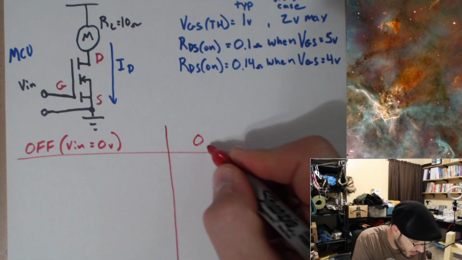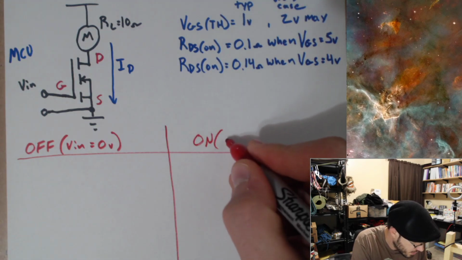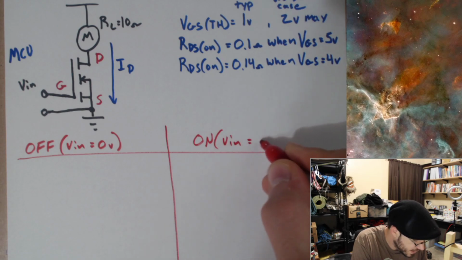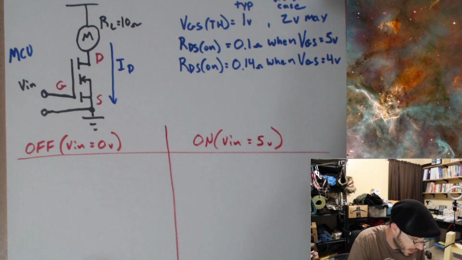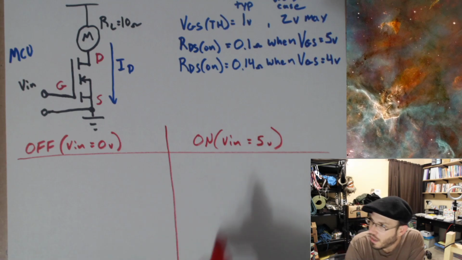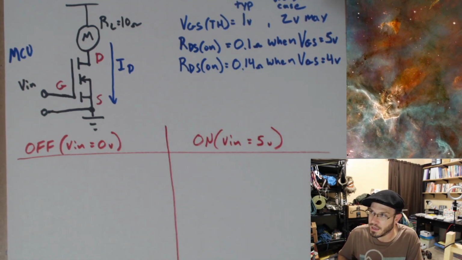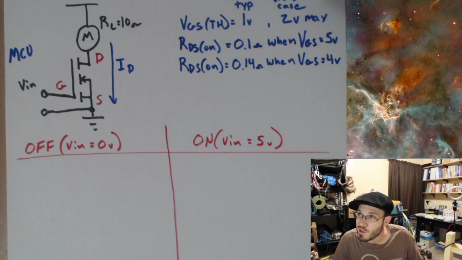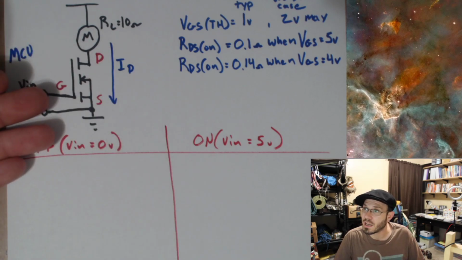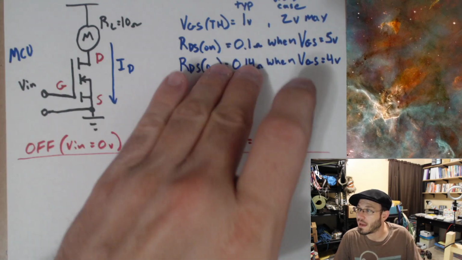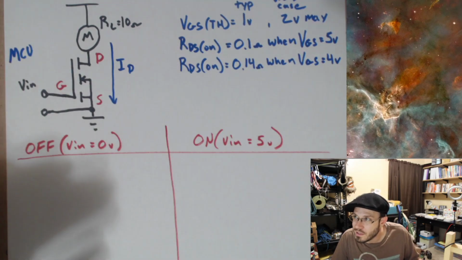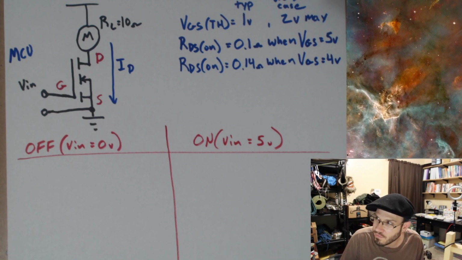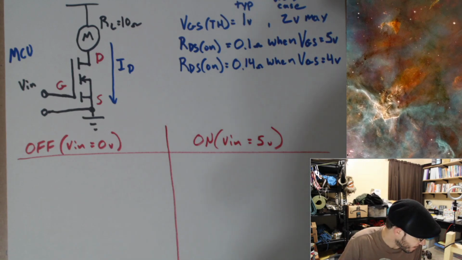And we're also going to be looking at it when it is on, when Vin is equal to 5 volts. Okay, now this, I promise you, is so much easier than any of our BJT analysis, because all you have to look at is just the voltage and what that voltage is with respect to VGS-TH. Once you know that, you can figure out everything about this circuit.